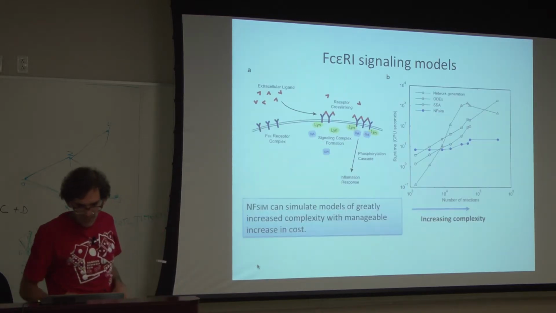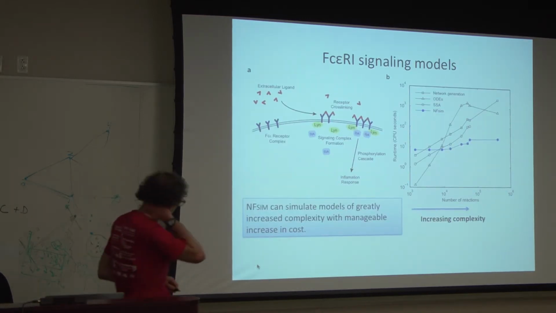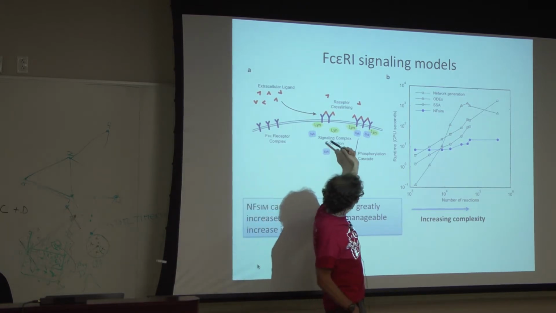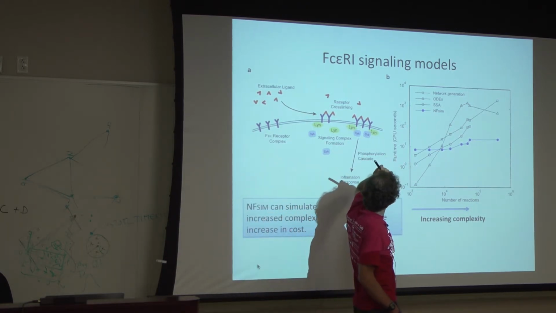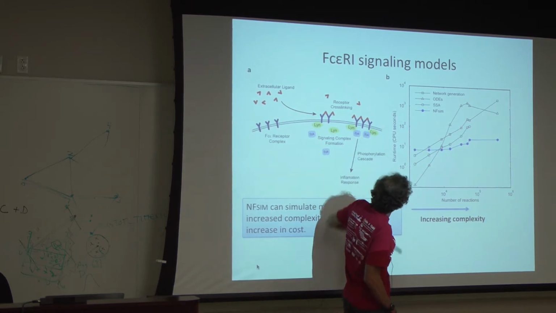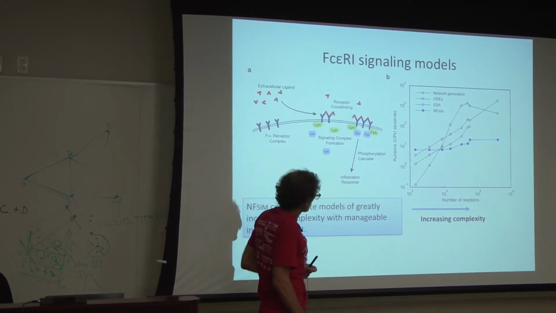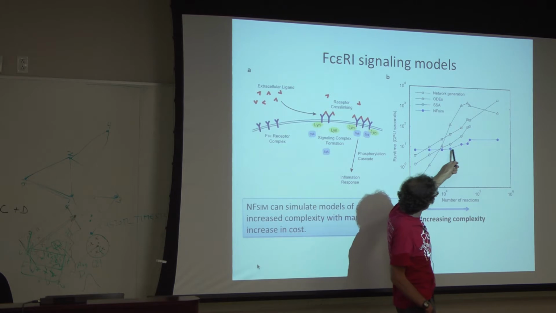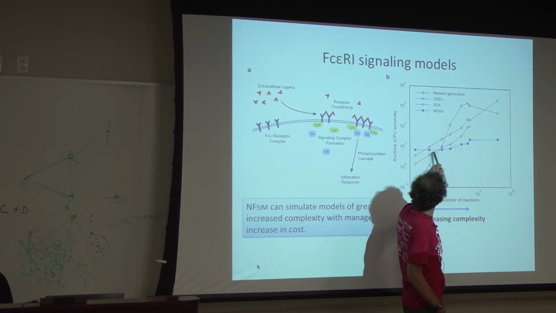What's pretty remarkable about this situation is that this network-free simulation method has a computational scaling, the amount of time it takes to run a simulation of the system, that is relatively independent of the size of the reaction network.